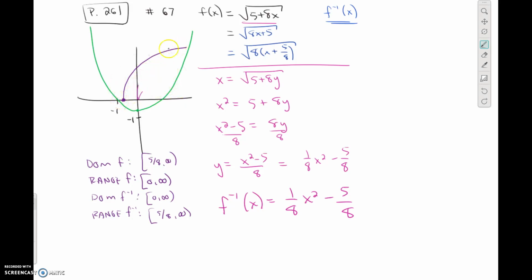this green graph is not a reflection of what I started with across the line y equals x. And part of the reason is this domain restriction right here. Although the implied domain of this is all reals, my actual domain is only supposed to be from 0 to infinity.